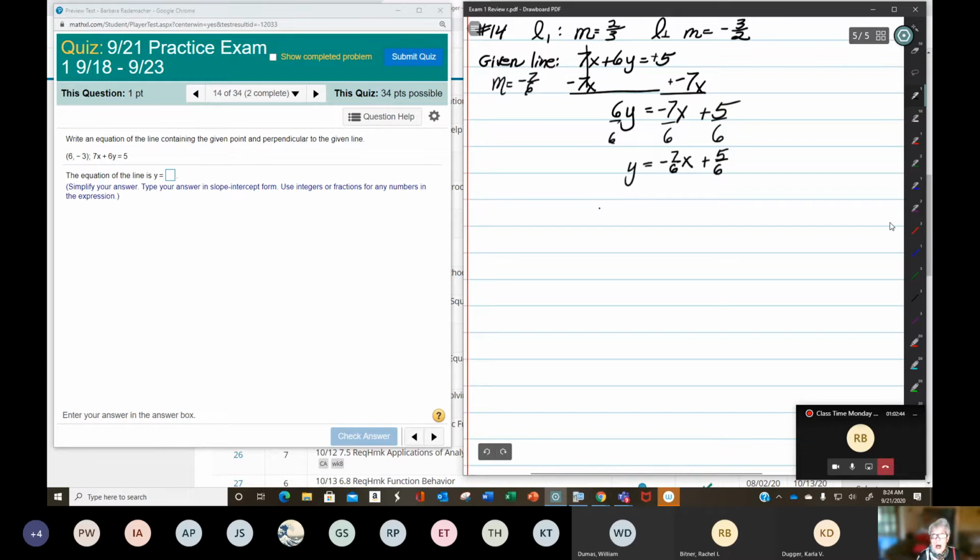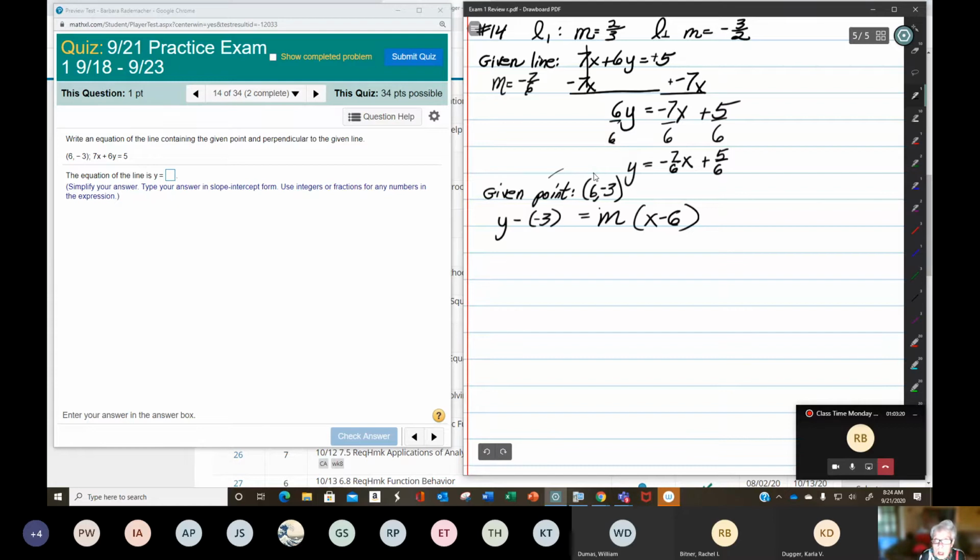Now, watch what I do. I'm going to find the equation of the line now, and they gave us a point. This is called the given point because they give it to you. y minus -3 equals m times x minus 6.